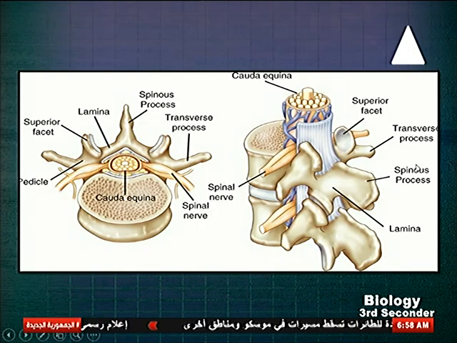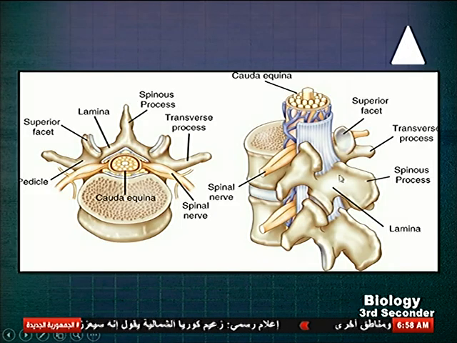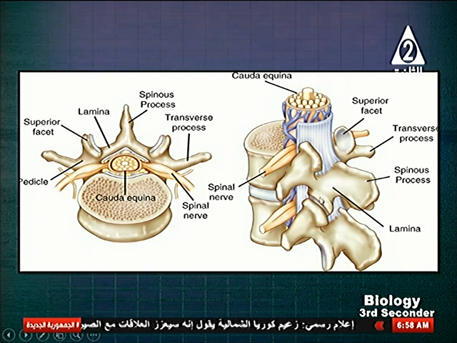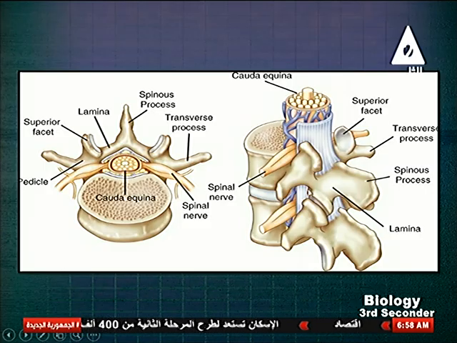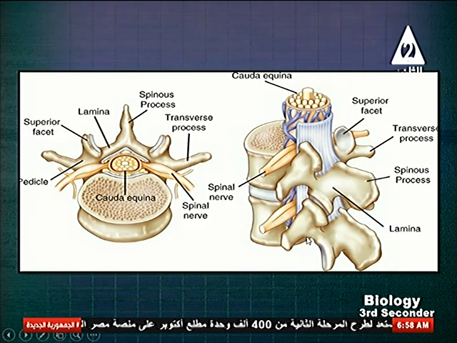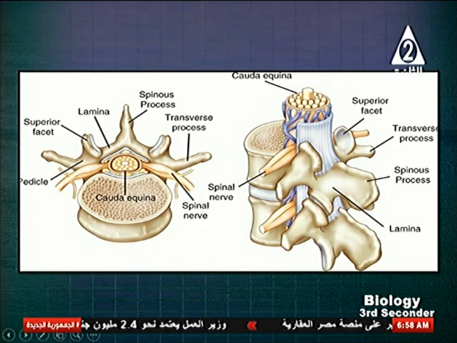Look, this is the superior and this is the inferior. The upper vertebra articulates with the lower one by inferior, and the lower one articulates with the upper one by superior. The inferior of the upper articulates with the superior of the lower. This is the most important point here, to know how vertebrae articulate with each other.